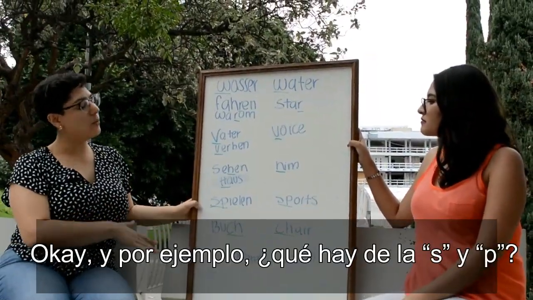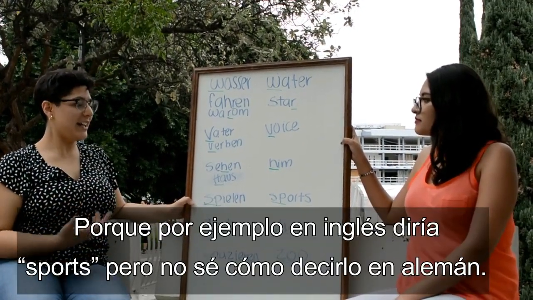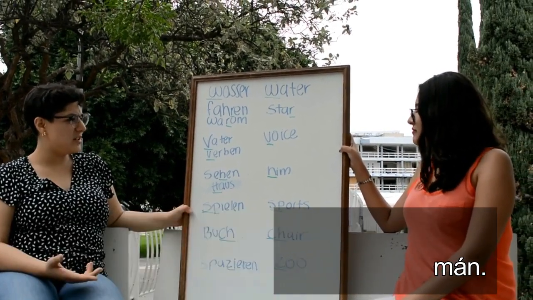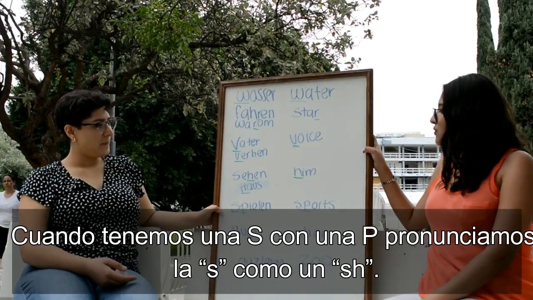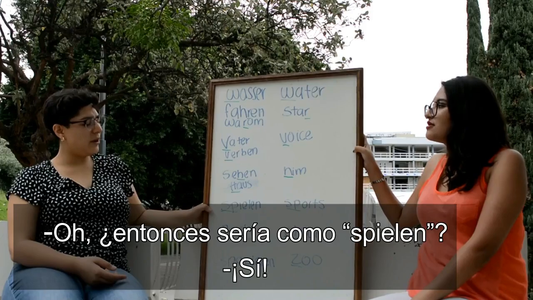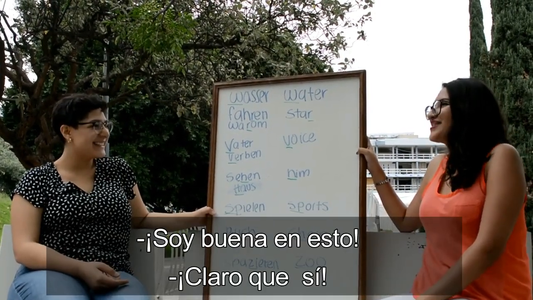Okay, for example, what about S and P? Because, for example, in English I would say sports, but I don't know how to say it in German. When we have an S with a P, we pronounce the S like a sh. Oh, so it would be like spielen? Yes, I'm great at this! Of course.